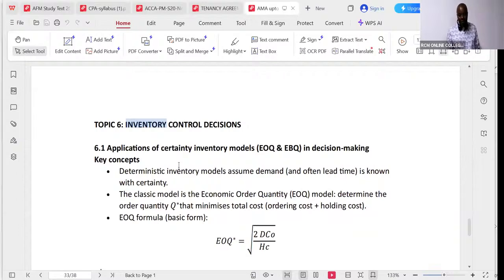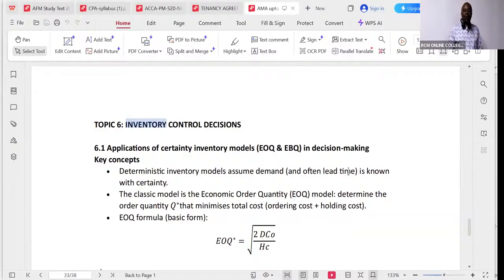So deterministic models, whenever you hear a model being called deterministic, it means that it doesn't have any uncertainty. It doesn't have any probability. We are certain about demand. We are certain about lead time. Is there anybody who knows what lead time is? For us in inventory management, lead time basically is the delivery time.